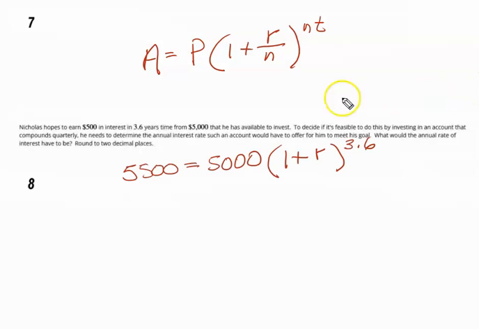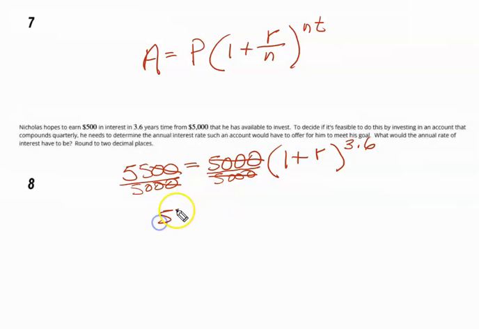So something like this, we had to add this 500 in interest to our principal. So our future amount is this. And again, we had one like this just a little while ago. So we're going to divide both sides by 5,000. And look, we could knock these off right away, and this all becomes a 1.